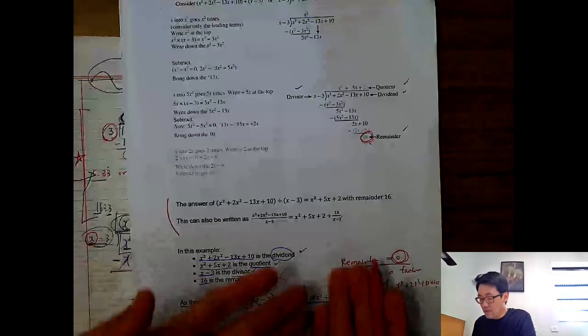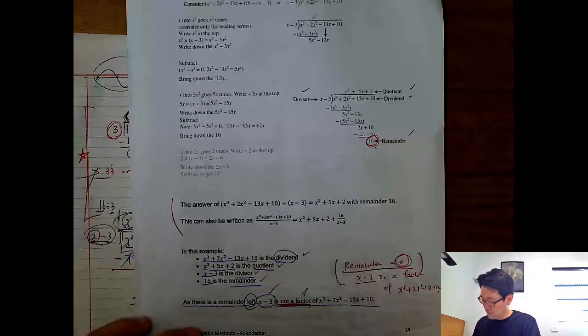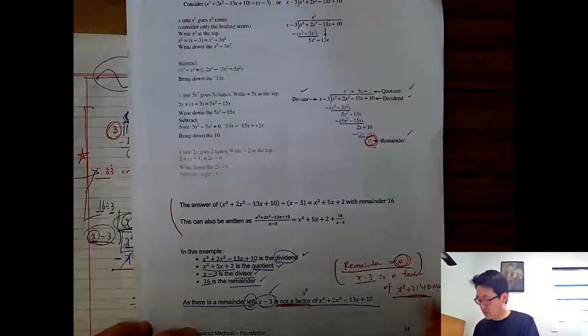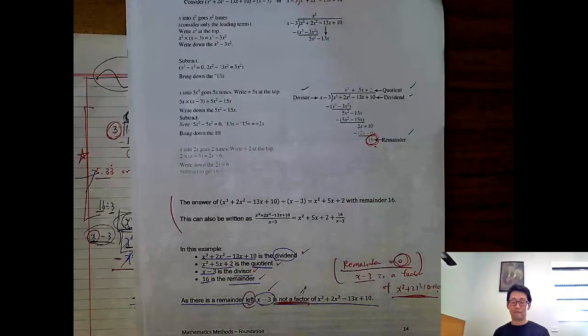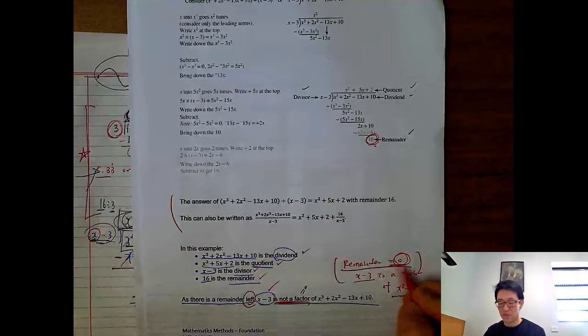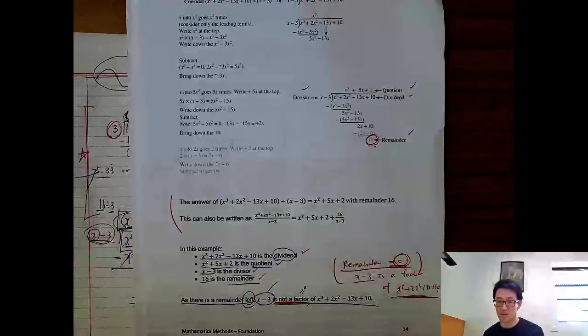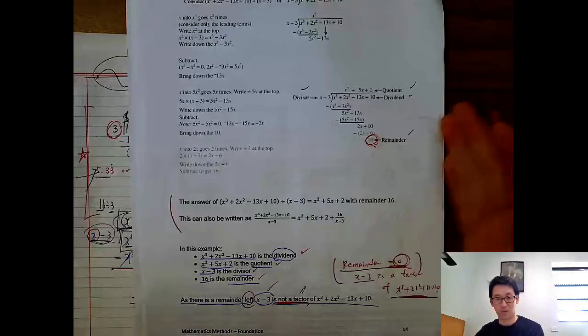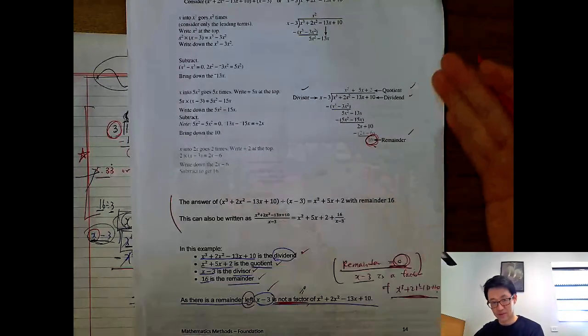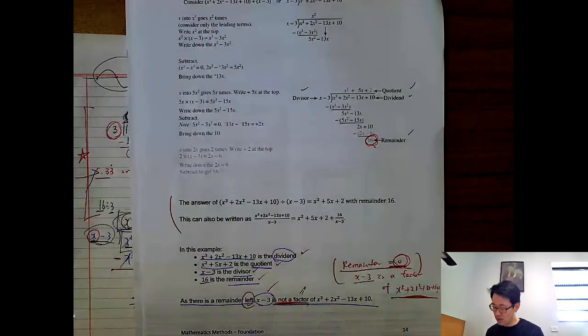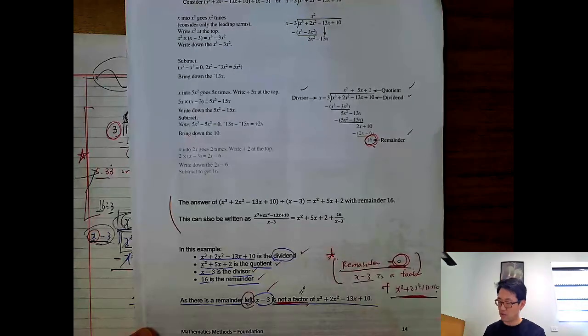If the remainder is 0, then this is a factor of this function. Remember, equals 0. Make something equal to 0. That's actually related with that. When x equals 0, that will relate with that. So I'll leave it that way.